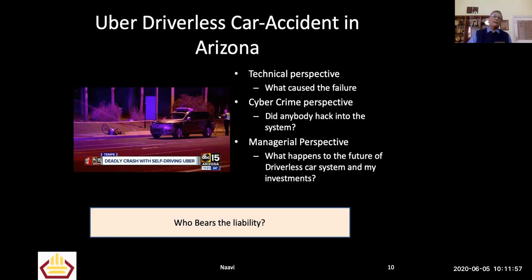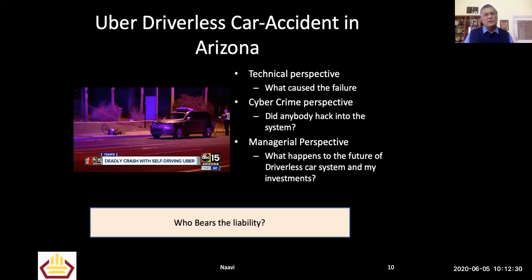Now when this case goes to the police or to the court, the question is, how do we consider this? Is it a cyber crime? Is it possible that the Uber car failed because somebody had hacked into the system and disabled it to some extent, which could have happened, or whether the software developer was negligent and there was a deficiency in the construction of the software, which perhaps caused this failure?